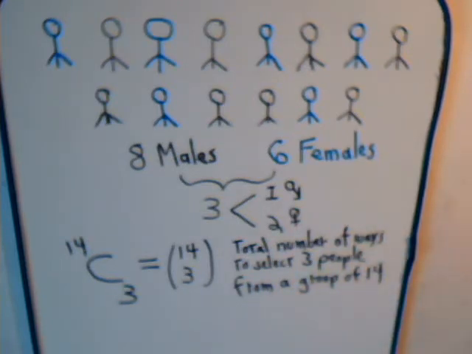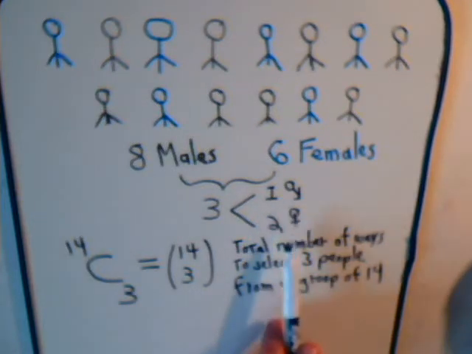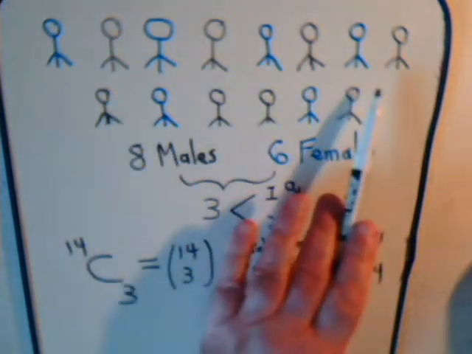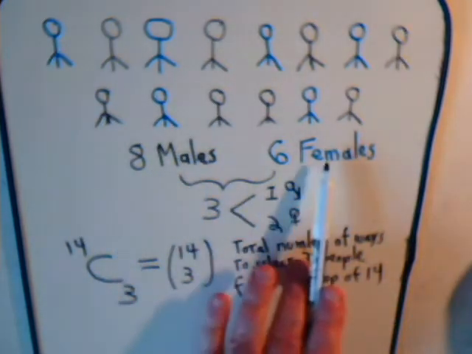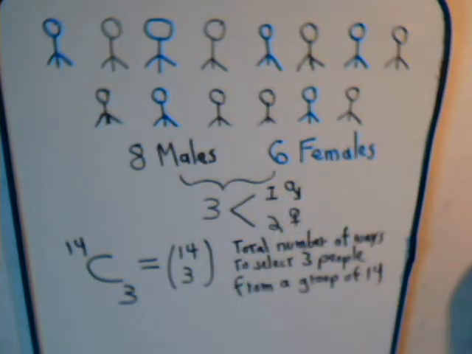Okay, now what we want to determine is the total number of ways that we can select 3 people so that it's comprised of 1 male and 2 females. Well, here's our group. We have 8 males and we have 6 females.